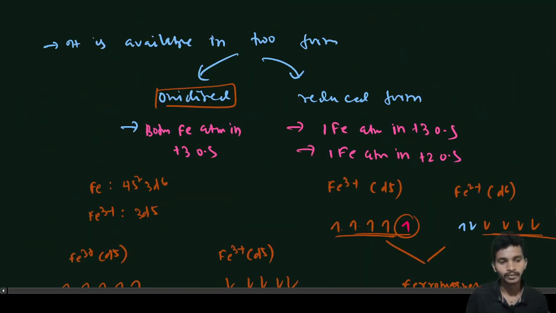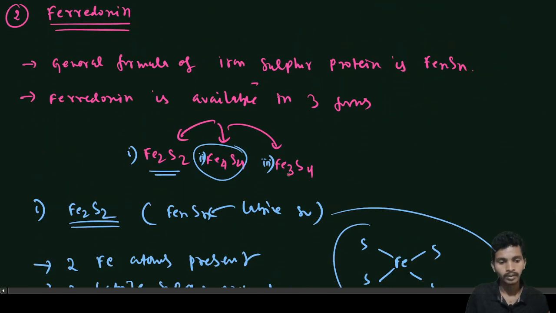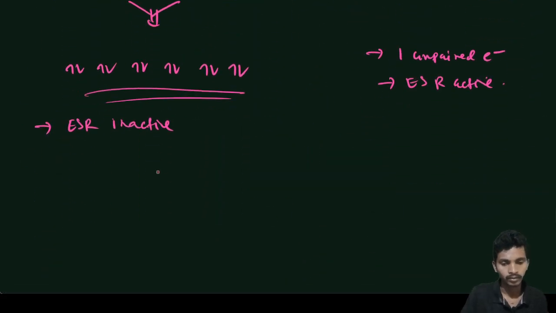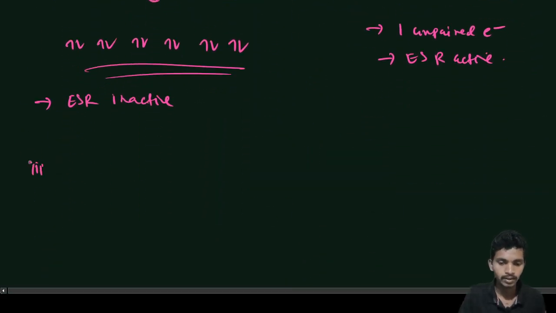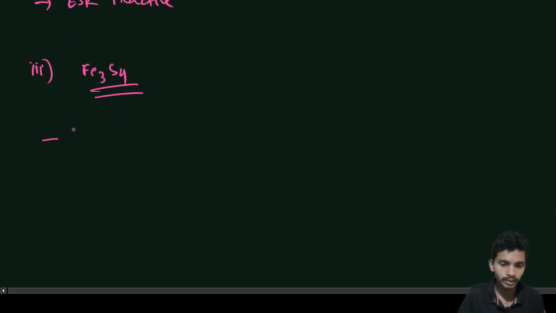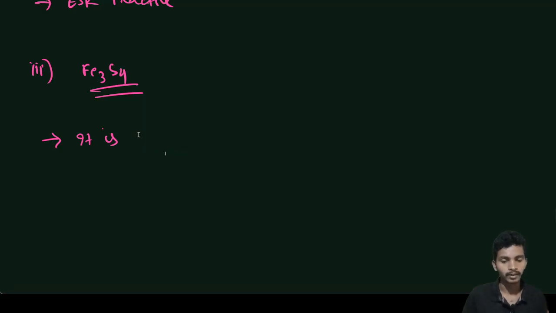Third type is Fe3S4 type. It is present in Fe3S4.